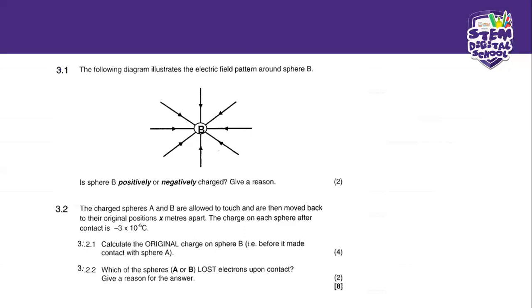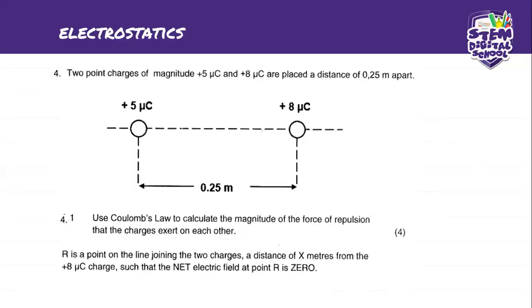So now let us move to number 4. Question 4, we are still on electrostatics. They say two point charges of magnitude plus 5 times 10 to the power minus 6 C and plus 8 are placed at a distance of 0.25 meters apart.